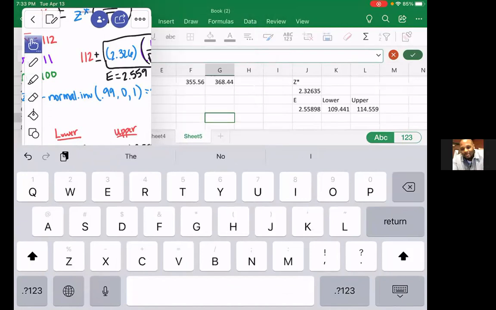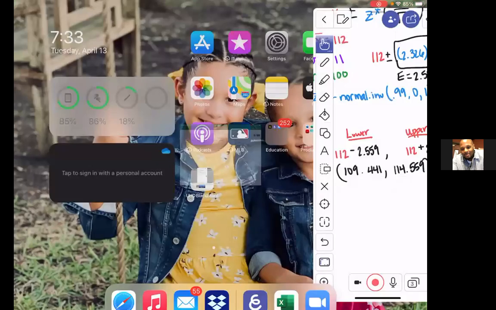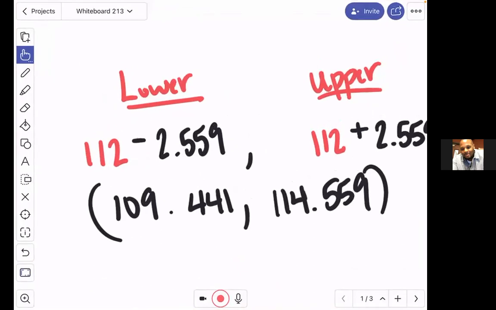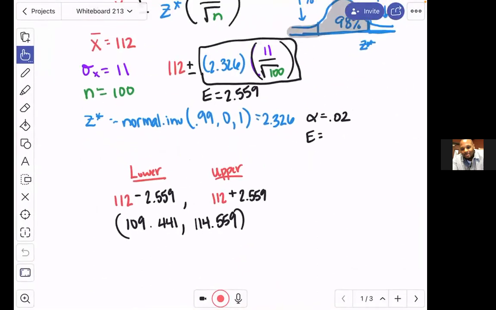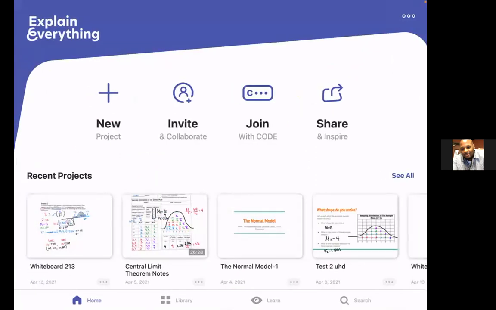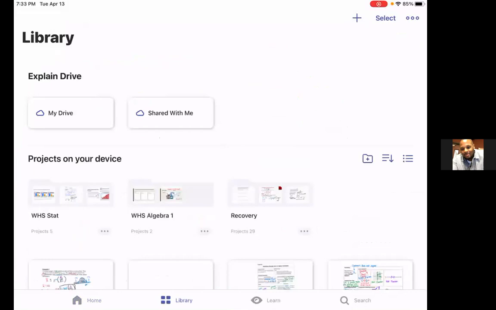All right, so today we're going to talk about this thing that we call hypothesis testing. I keep losing my notes.